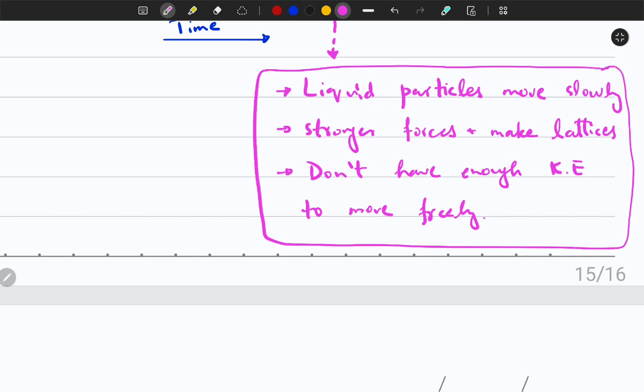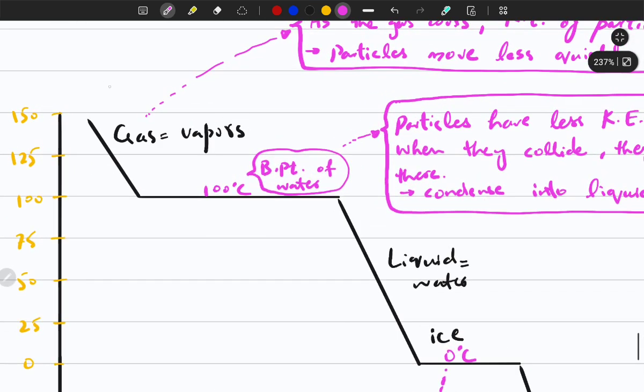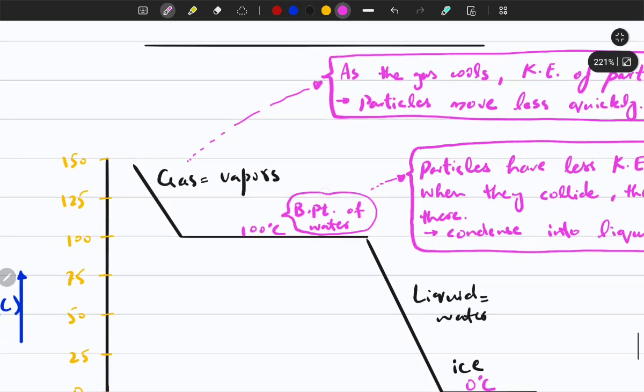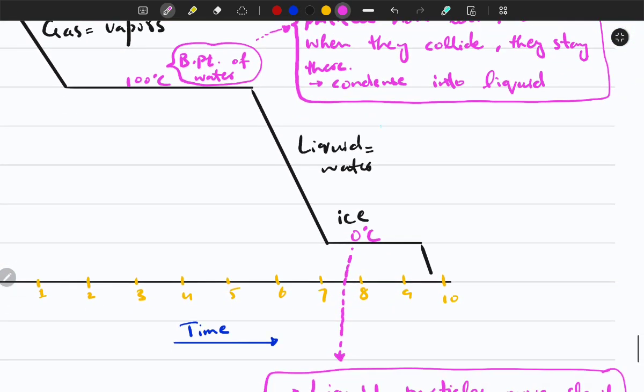So that's the description here of the cooling curve, right? You can say in the gas, if you try to draw it, it would be like this. Particles are far apart from each other. But in the liquid phase, particles are quite close to each other.